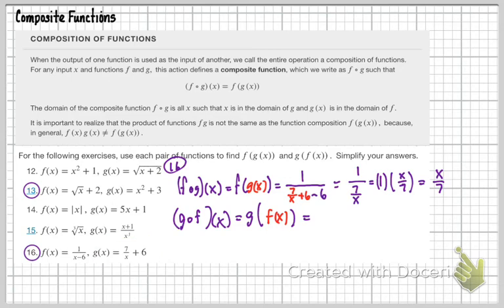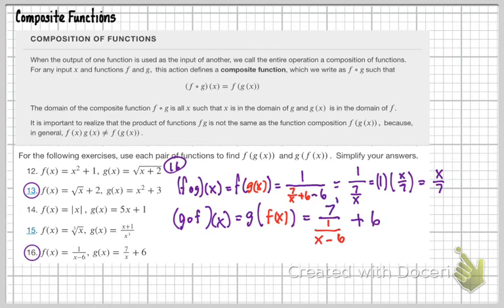So I'm going to start with the 7 over, and I ran into an x there. So in that place, I'm going to put f of x, and that's going to be 1 over x minus 6. And again, that's exactly what we do. We don't change anything about it, no matter how crazy it looks. I'm just plugging it in for x. Now again, let all the math work itself out, but that's the idea here.